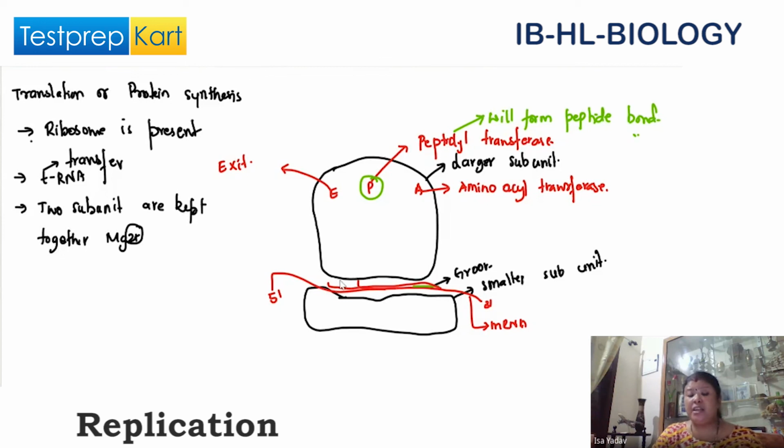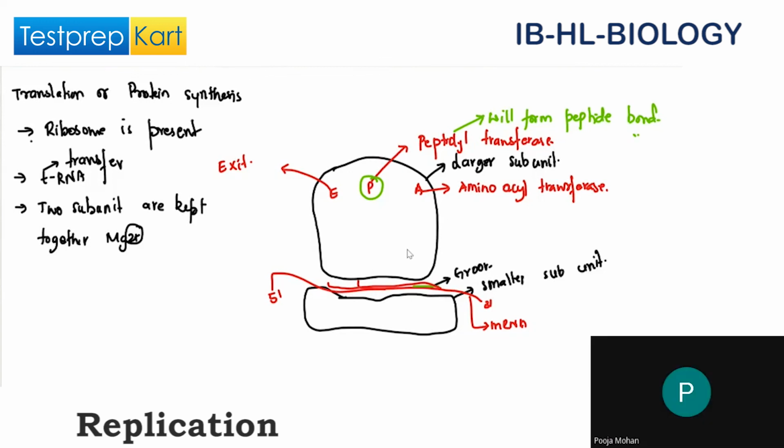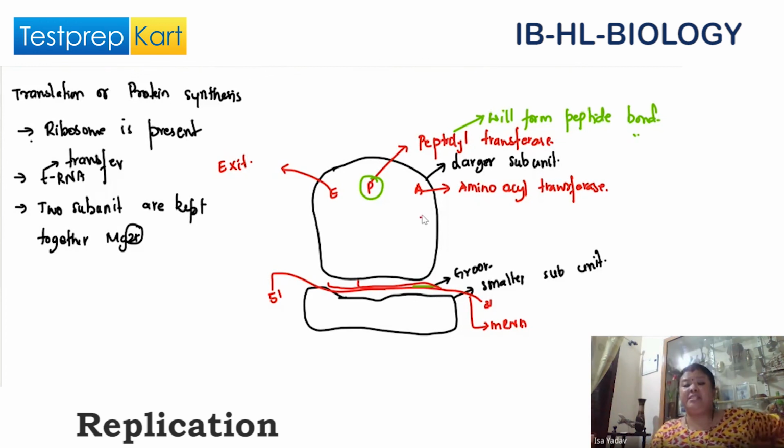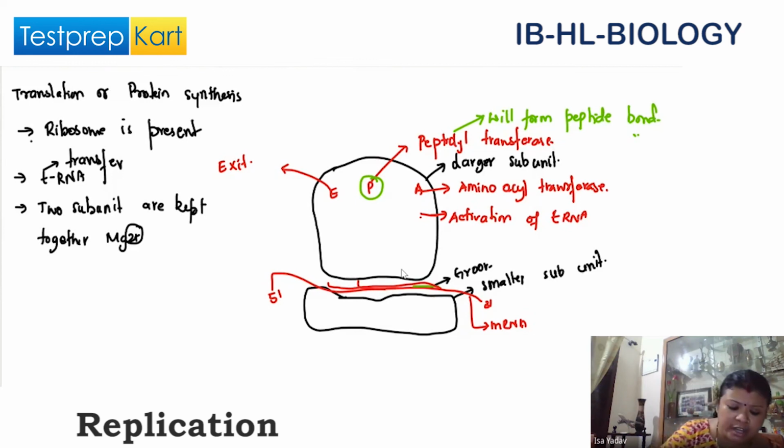Immediately, in the first step, there will be activation of tRNA. The tRNA will be activated so that it can read from the mRNA. Amino acylation also takes place. Sana, did you understand activation of tRNA? Yeah. Without the activation of tRNA, protein synthesis cannot continue. Is this clear?